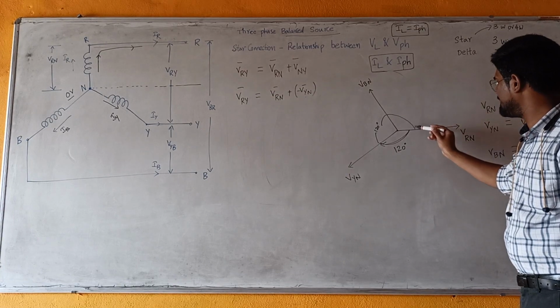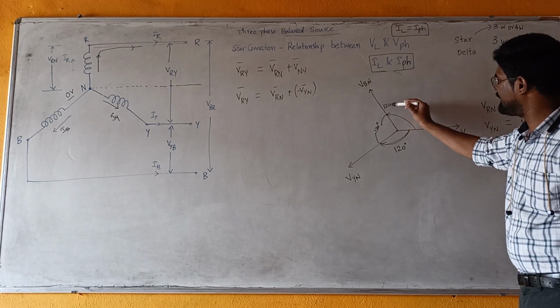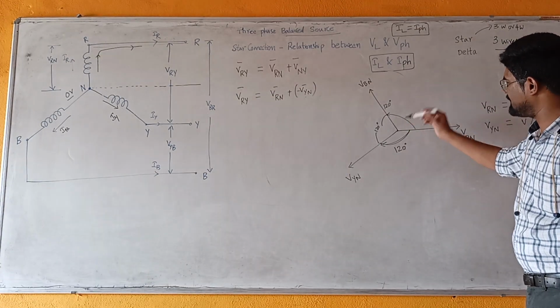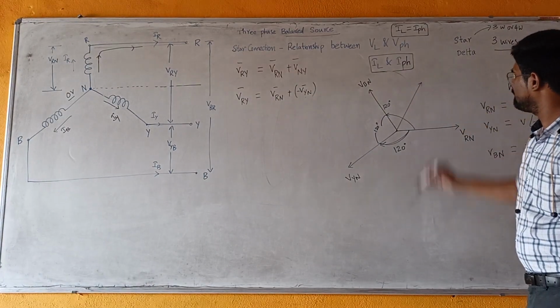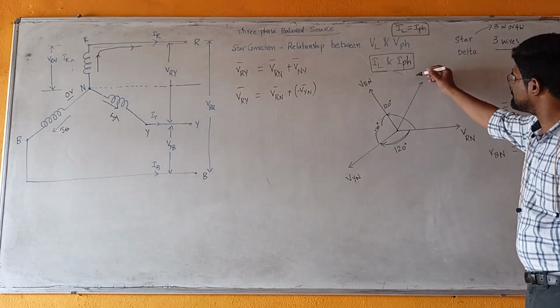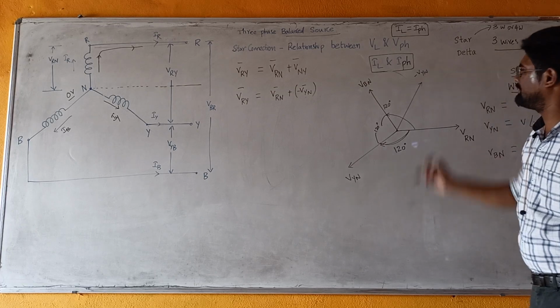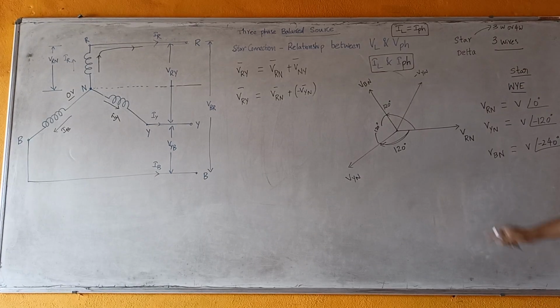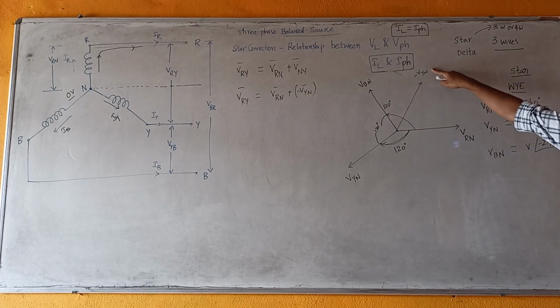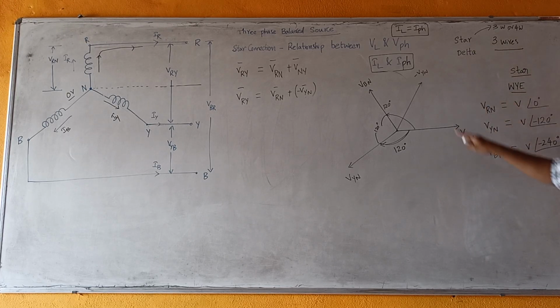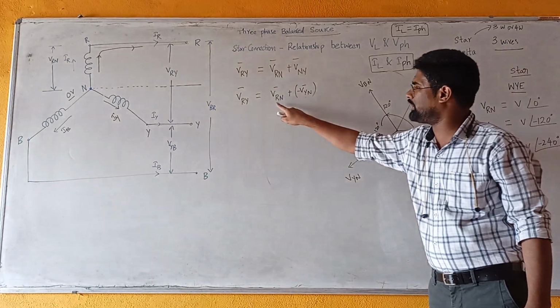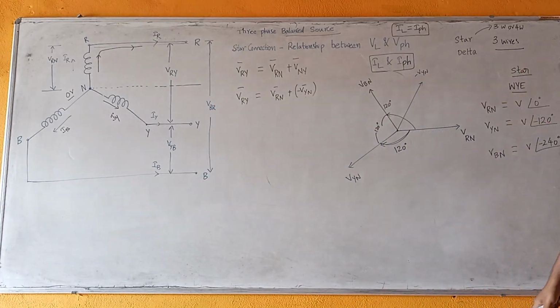And here the angle is actually 120 degrees. Now this VYN is reversed, which becomes minus VYN. And here we have VRN and minus VYN. If we add minus VYN to VRN, as per this equation, we will get VRY.